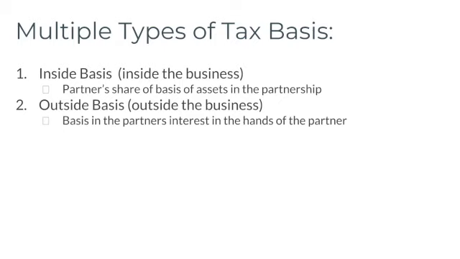Essentially what this means is when a partner contributes assets, the business can have a different basis than the partner who contributed the assets, because we're going to defer gain or loss. That's going to be reflected in the partner's basis. And so you end up with at least two different types of basis.